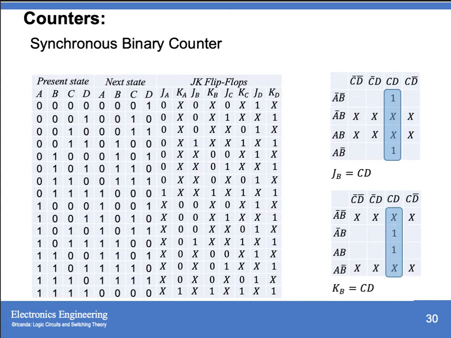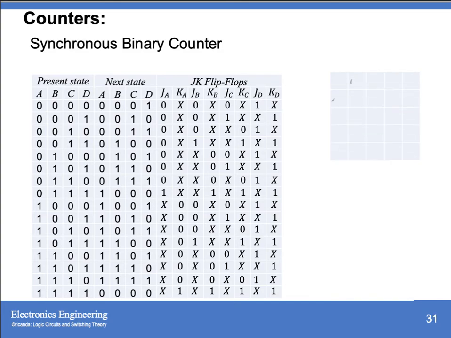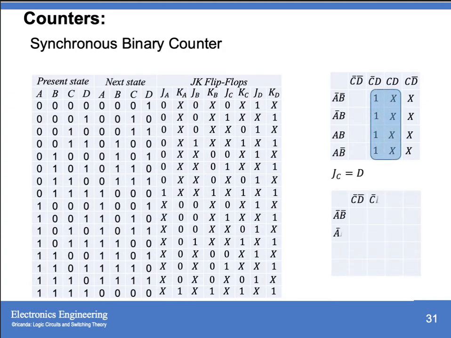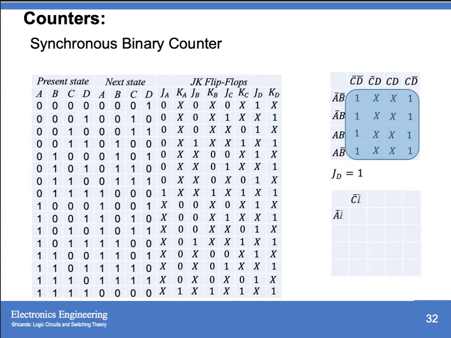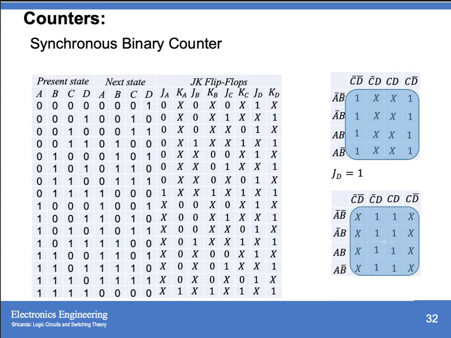Then for your DC, so that is our KC. And for your D, we have JD equals to 1 and KD is also equal to 1.